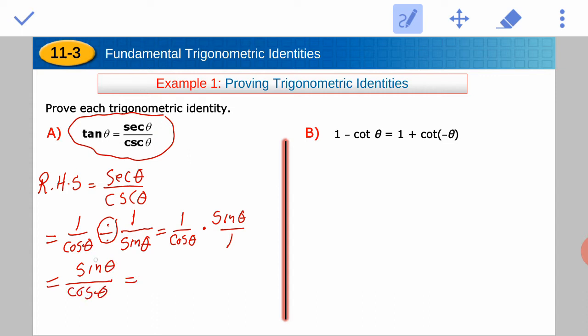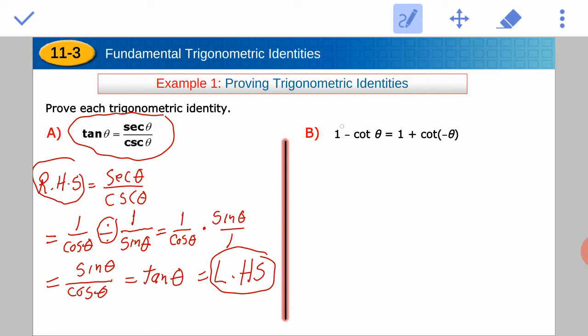Guys, sine theta over cosine theta is exactly tangent theta. This is the definition of the tangent ratio. This is exactly the left hand side. We started with the right hand side and we ended with the left hand side. So we have proved secant theta over cosecant theta is equal to tangent theta.